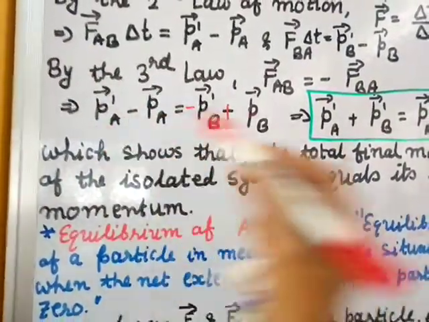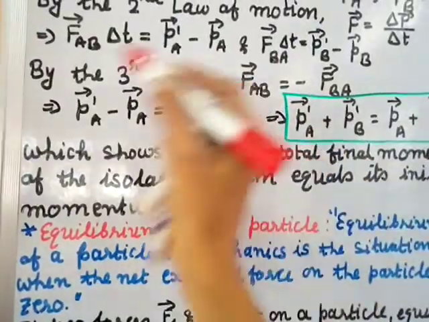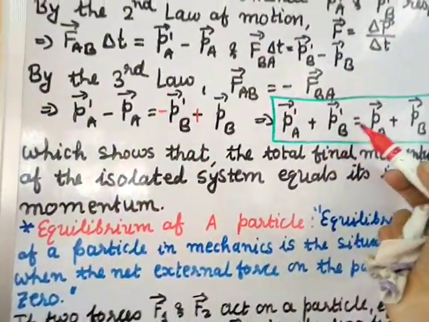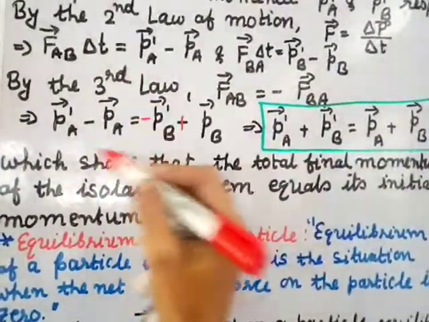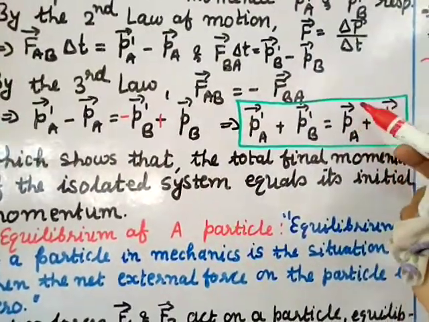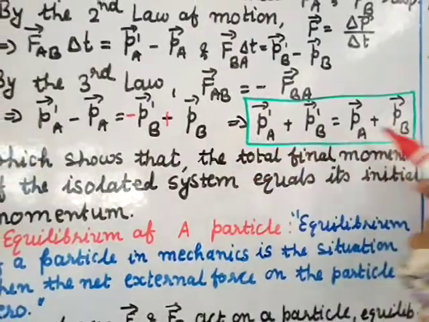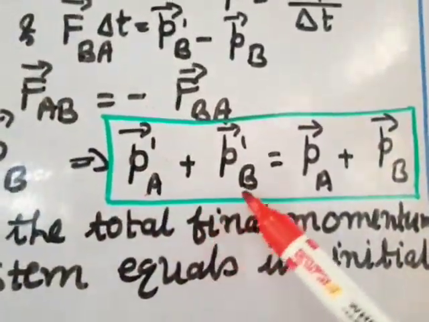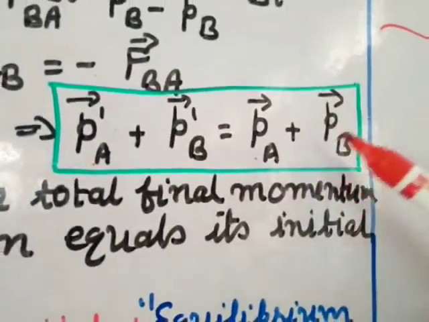Here you get P dash A plus P dash B equal to PA plus PB. So what we have got is P dash A plus P dash B equal to PA plus PB.